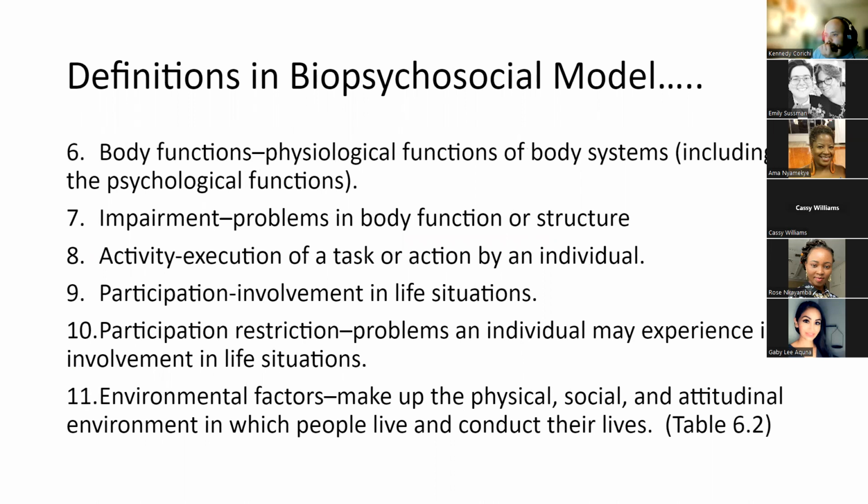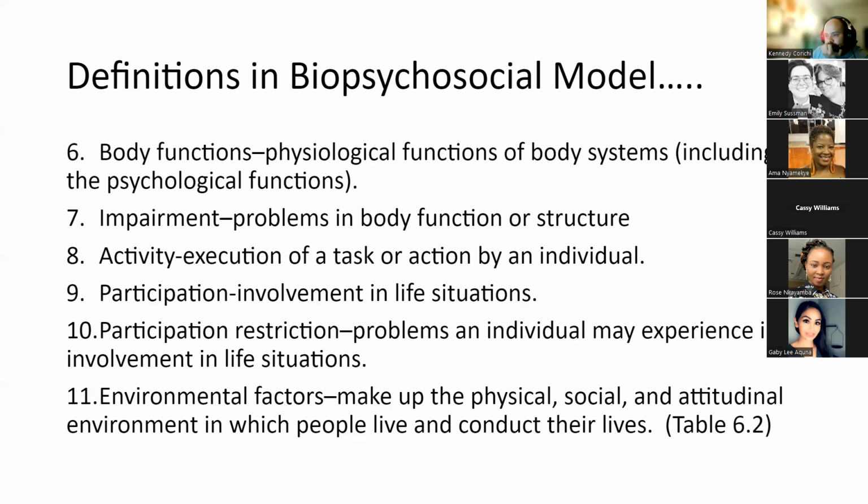Okay, also here's more definitions. It talked about the body functions. It talked about the different types of impairment in our bodies. It talks about activities, the execution of a task or action by an individual. It talks about our participation and involvement in life situations, our restrictions, problems that an individual may experience in their life situations.